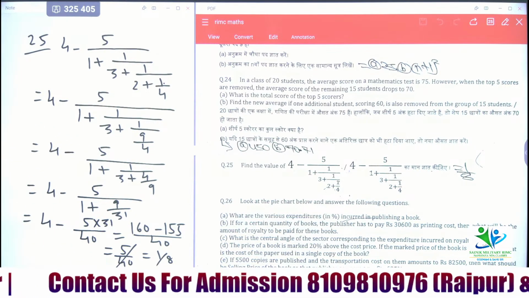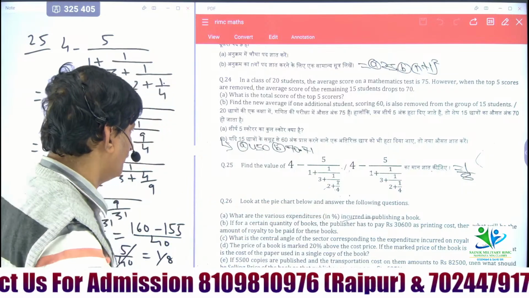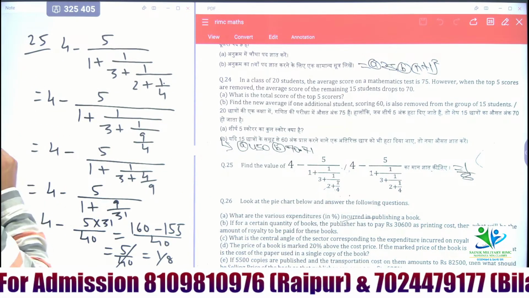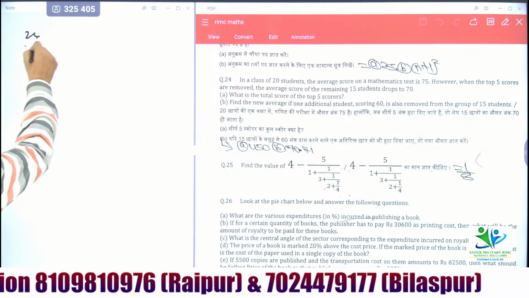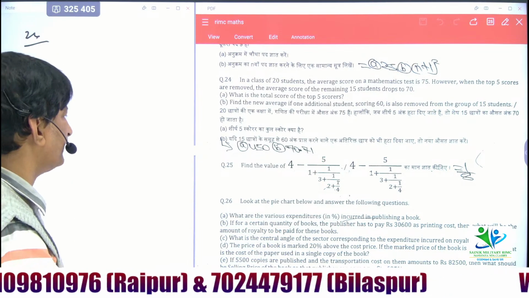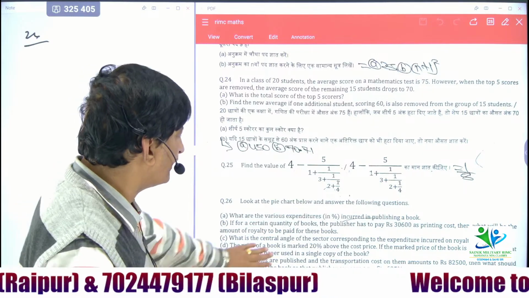So you can simplify this question like this, starting from the lower part. Now question number 26. In question number 26, one pie chart is given and all the question is related to the pie chart.